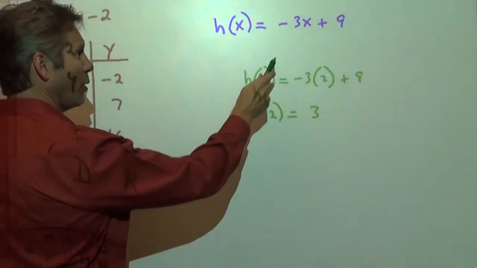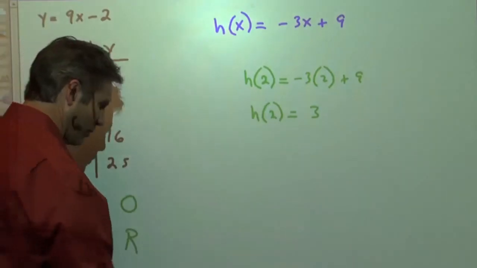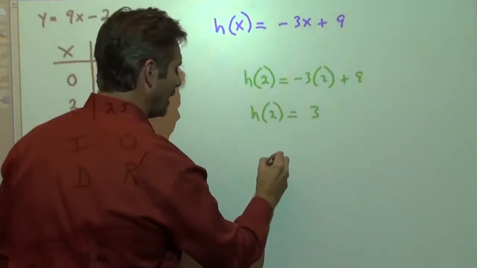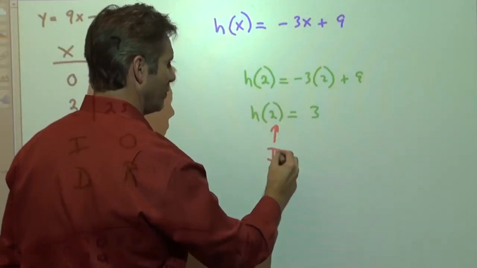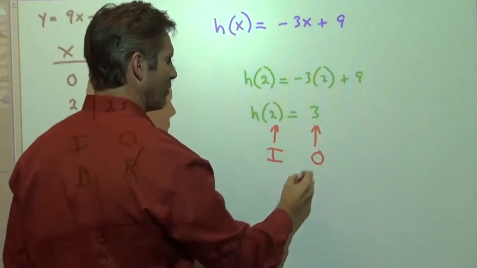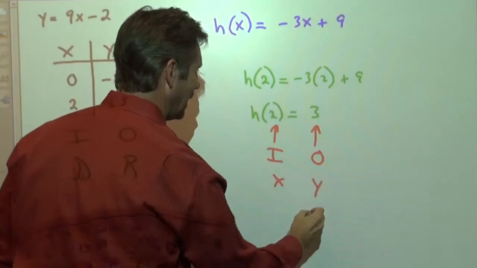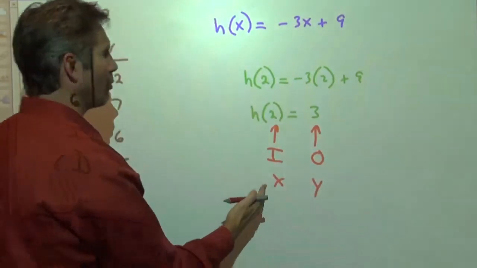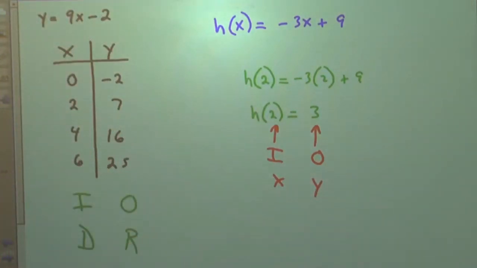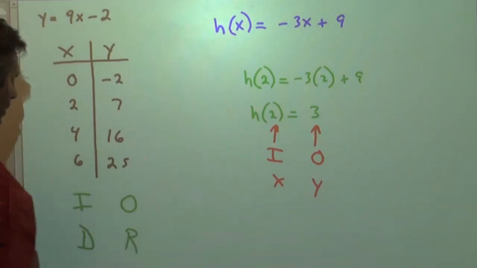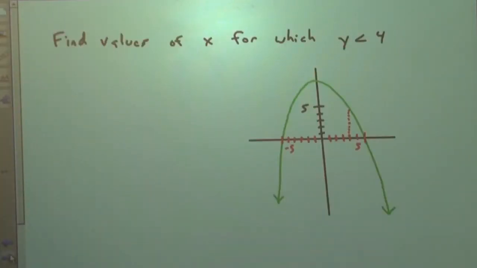And in this case, if we put 2 in for X, what comes out is 3. So the input of the function is the 2, the output is the 3. We said that this is the X and this is the Y. And we can say that the domain would be all the possible X values we can put in, and the range would be all the possible y values.